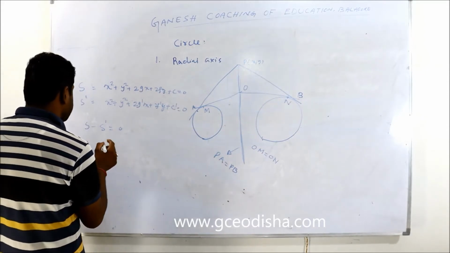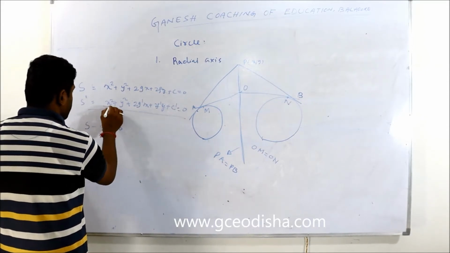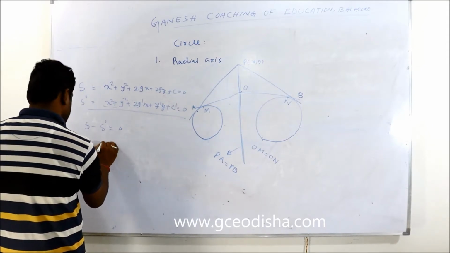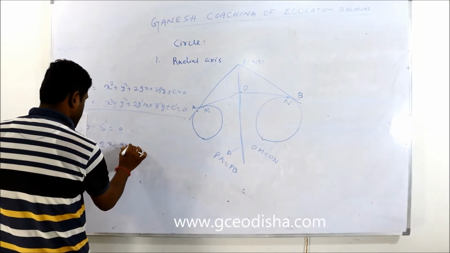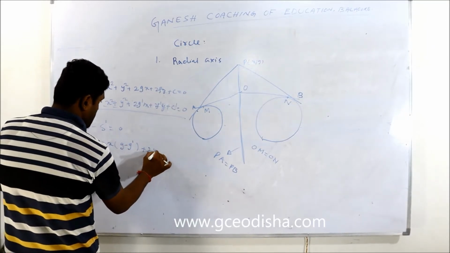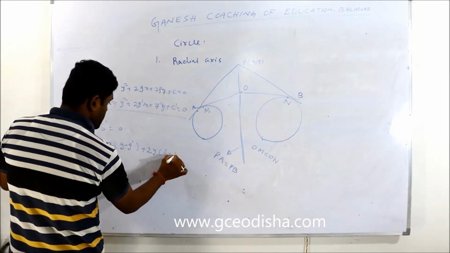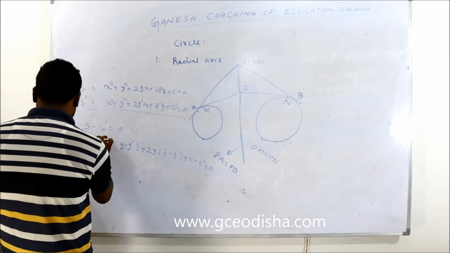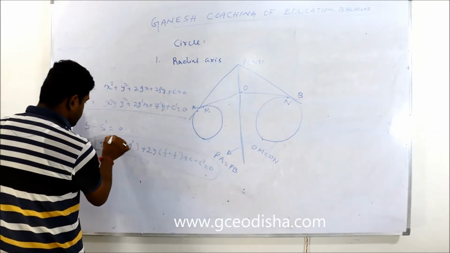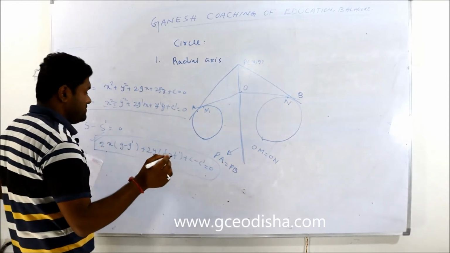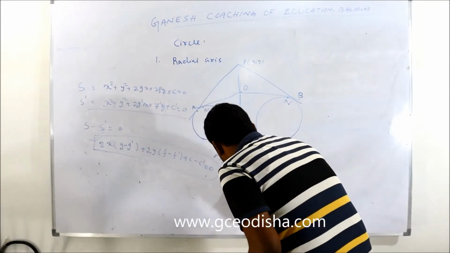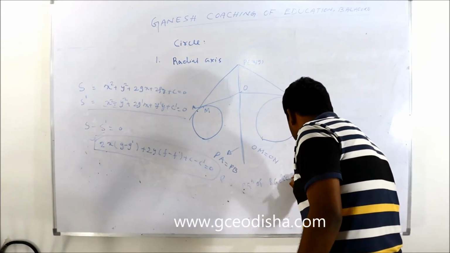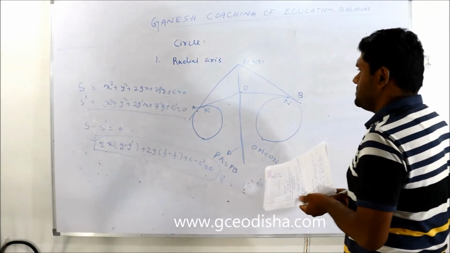This is the radical axis of the circles. Then when you do that, what will it become? It will become 2x(g minus g dash) plus 2y(f minus f dash) plus (c minus c dash) is equal to 0. Okay, this is the equation of the radical axis.